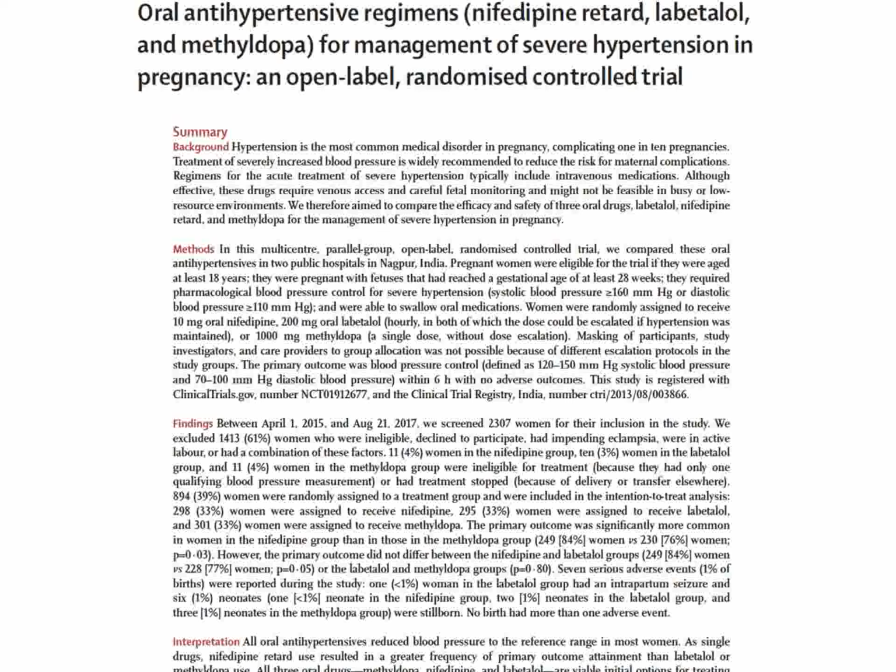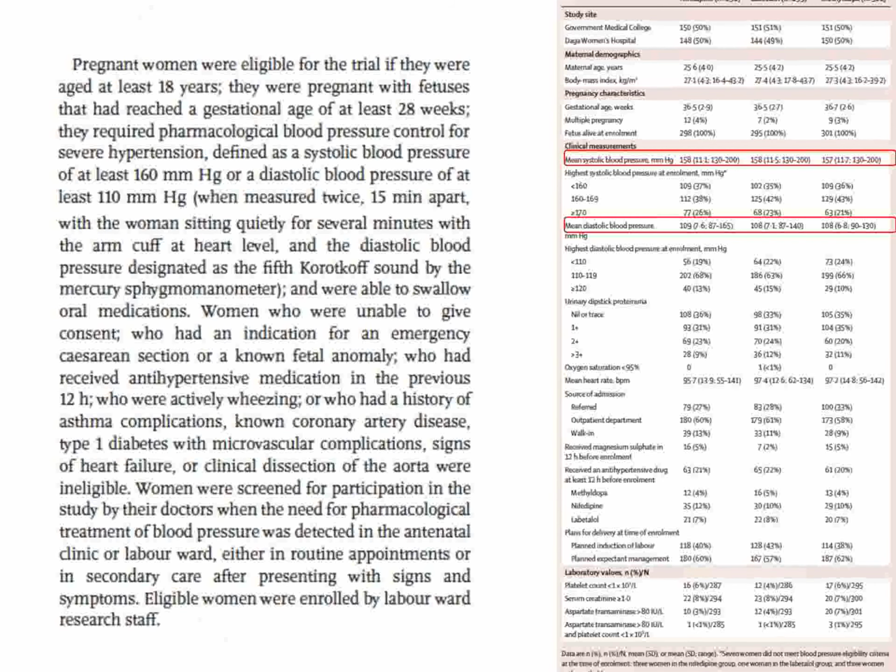So this study was done in India, and these pregnant women were enrolled and randomized to these treatments if they had a systolic blood pressure of 160 and a diastolic blood pressure of 110. And indeed, that was the case.